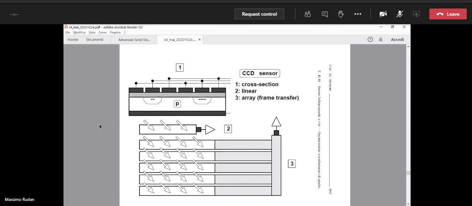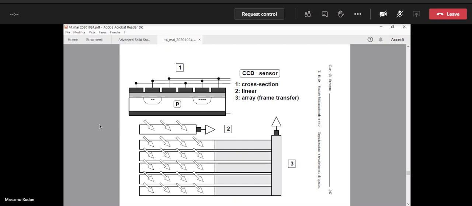In order to obtain color signals, it is sufficient to use, instead of a single array, 3 arrays, one for each fundamental color, okay? Like red, yellow, and green.